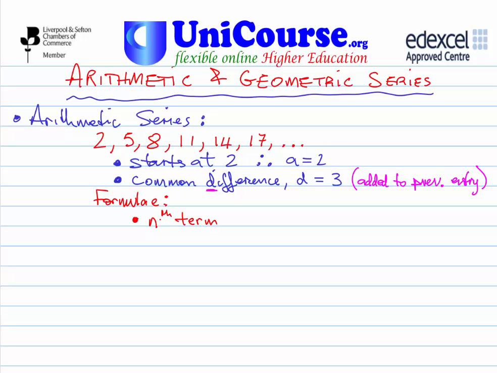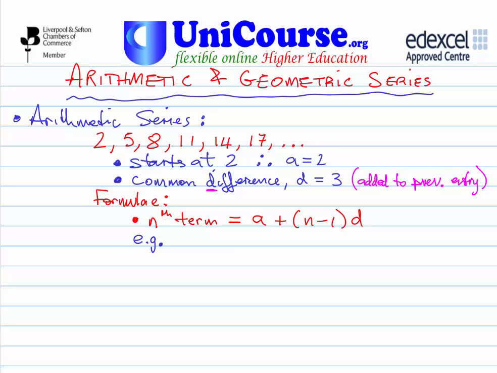So in general, it's the nth term. So how do we go about finding this? Well, the nth term is A plus n minus 1 lots of D. That's the formula you use, and you just plug in your values with any given arithmetic series.